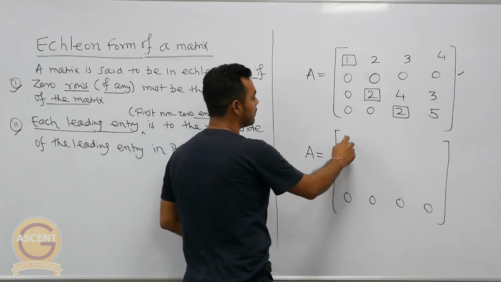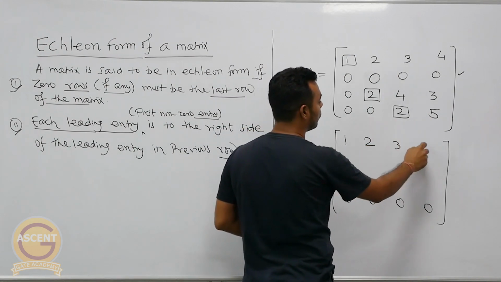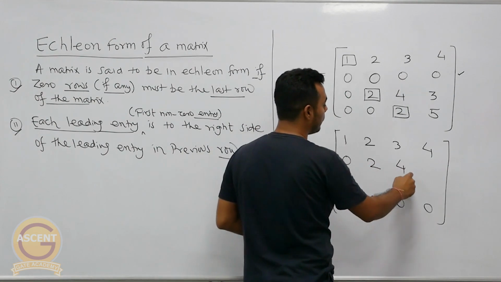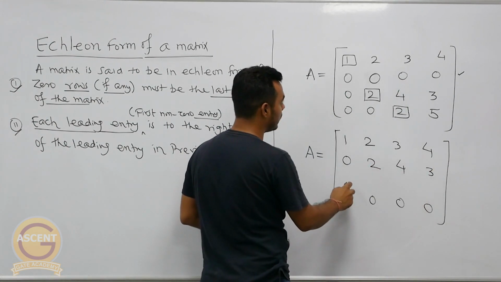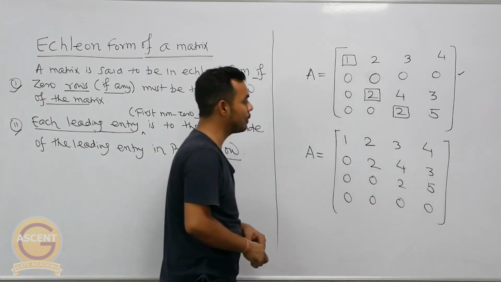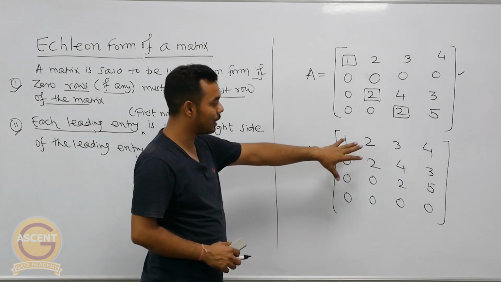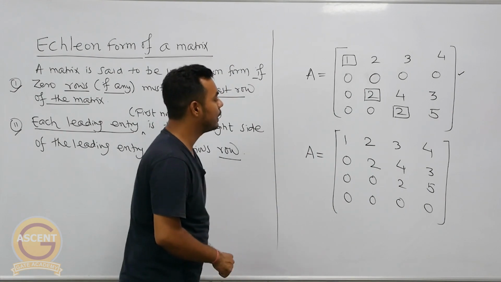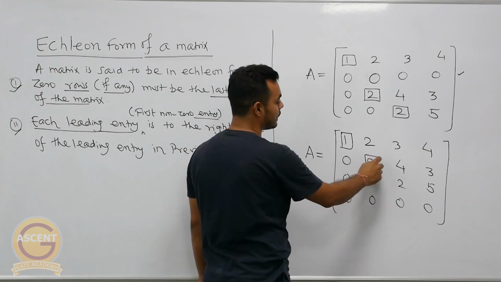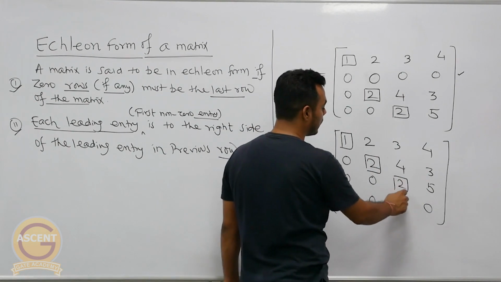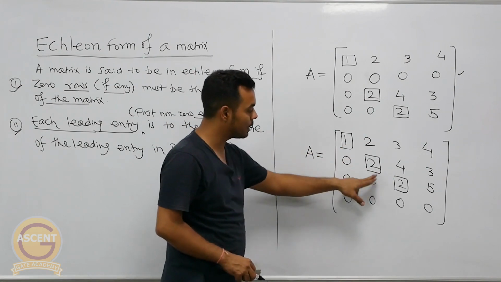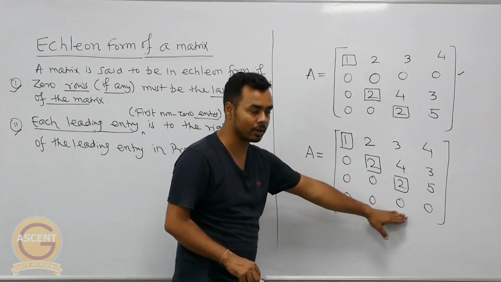Now R1 is this row 1, 2, 3, 4. Then R2 is 0, 2, 4, 3. And then the third row is say 0, 0, 2, 5. I have interchanged some of the rows of matrix A, and now this is our new matrix. Now in this matrix you can see that this is our first leading entry, this is second leading entry, and this is our third leading entry. The leading entry means first non-zero entry, so these are the first non-zero entries. In R4 we don't have any leading entry.